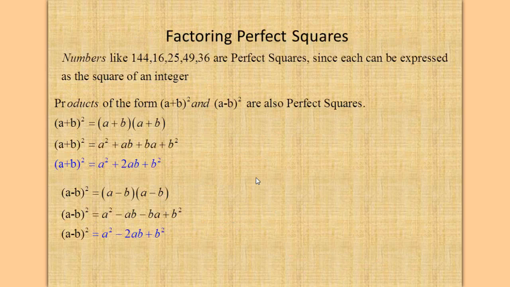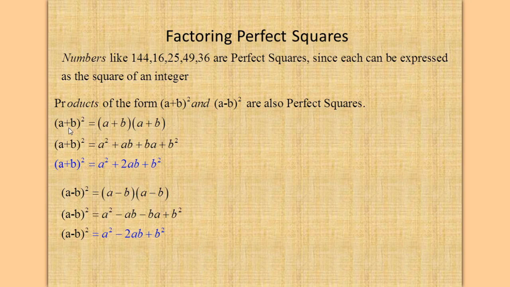Numbers like 144, 16, 25, 49, 36 are perfect squares, since each can be expressed as a square of an integer. Products of the form a plus b squared and a minus b squared are also perfect squares.